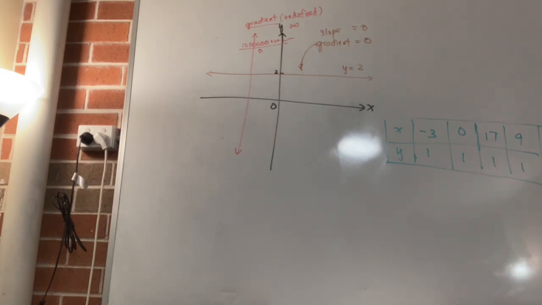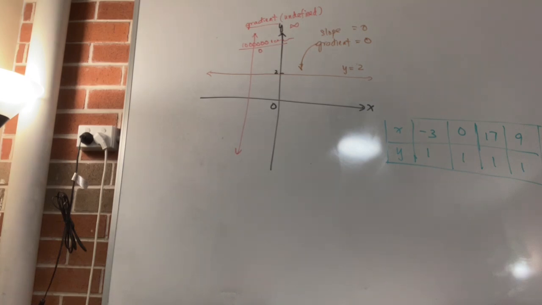Let you write down first. If you have anything that is going flat, the gradient is 0. For example, the first one, this equation here is going to be y equal to 3. It's going to be cutting the y at 3, isn't it? And because it is flat, that means the gradient is 0.